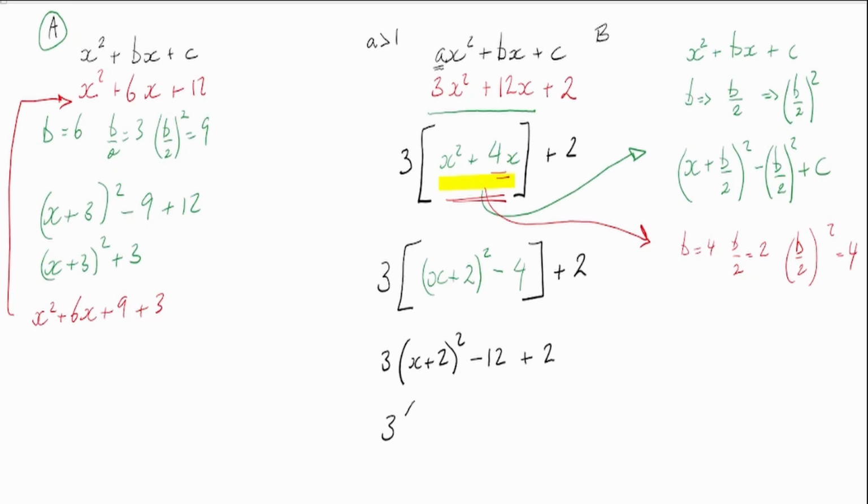Tidying that up: 3 times x plus 2 squared, minus 10. And if you go through the same process of expansion as we've done here, you'll see that that works. My main revision point for you is to make sure that it's this b that you use, and do the completing the square work inside that square bracket and expand it out.